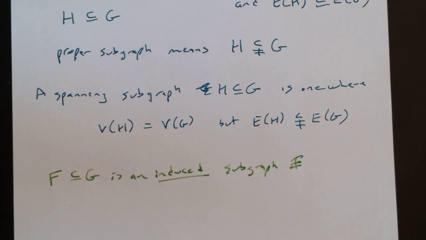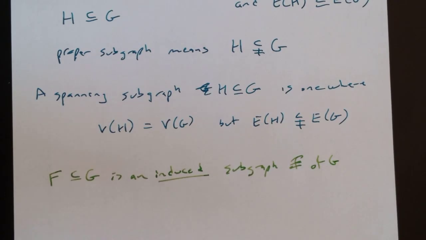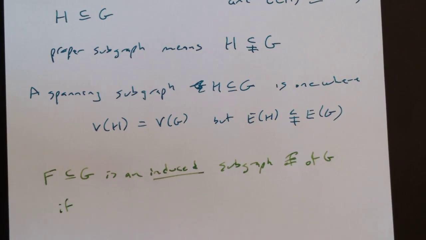F is an induced subgraph of G. Okay, it's a subgraph. Subgraph means it has either fewer vertices or fewer edges, or both. The word induced means that if I keep the vertices, I keep the edges between them.